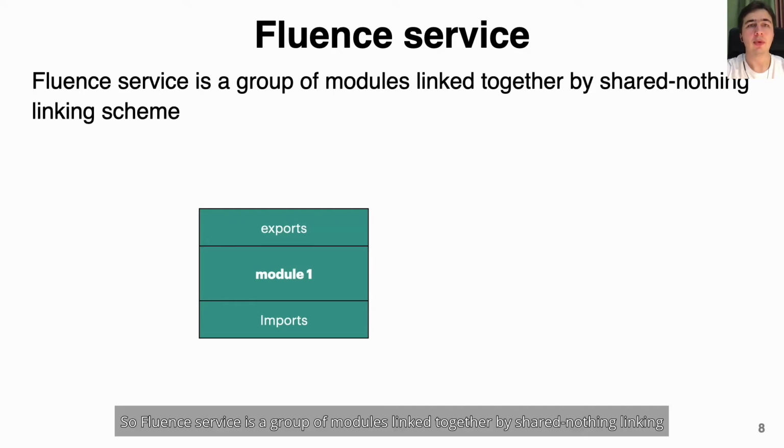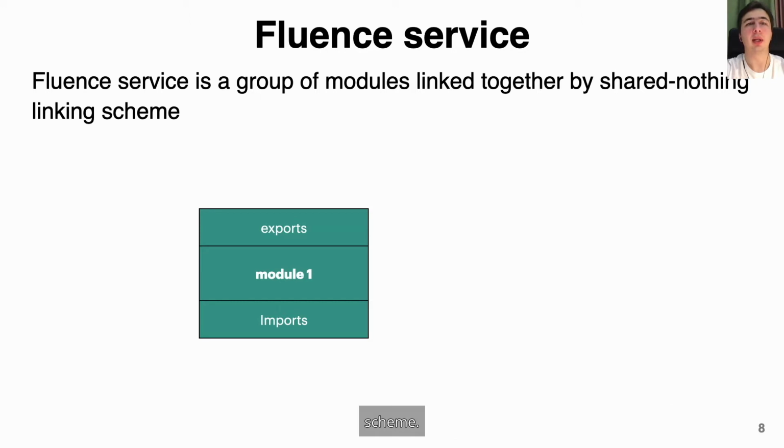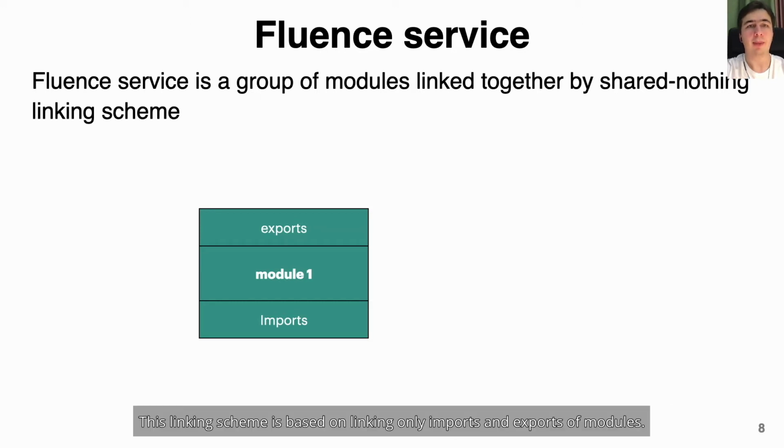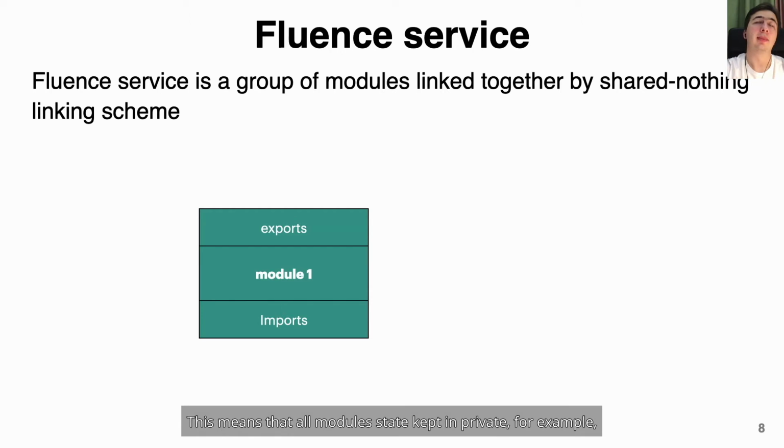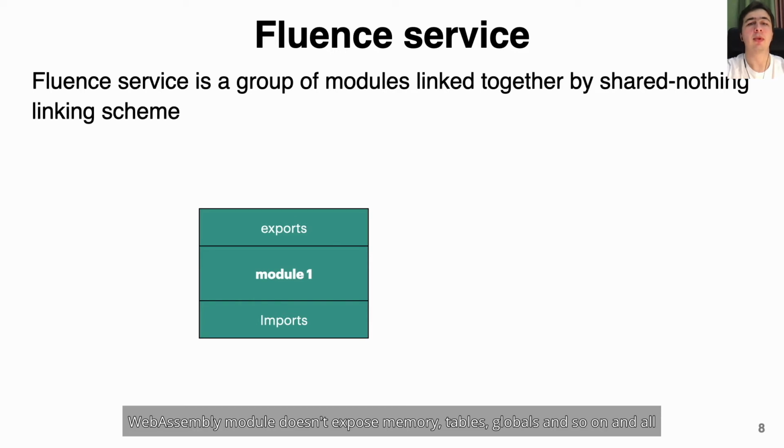A Fluence service is a group of modules linked together by a shared-nothing linking scheme. This linking scheme is based on linking only imports and exports of modules. This means that all module state is kept private. For example, a WebAssembly module doesn't expose memory, tables, globals, and so on.